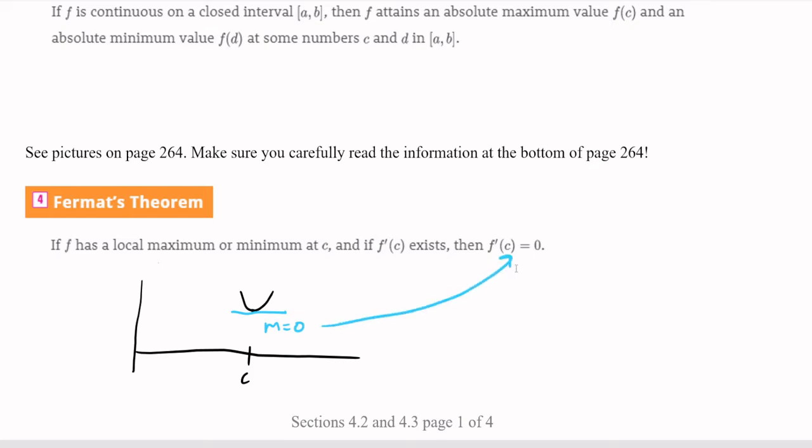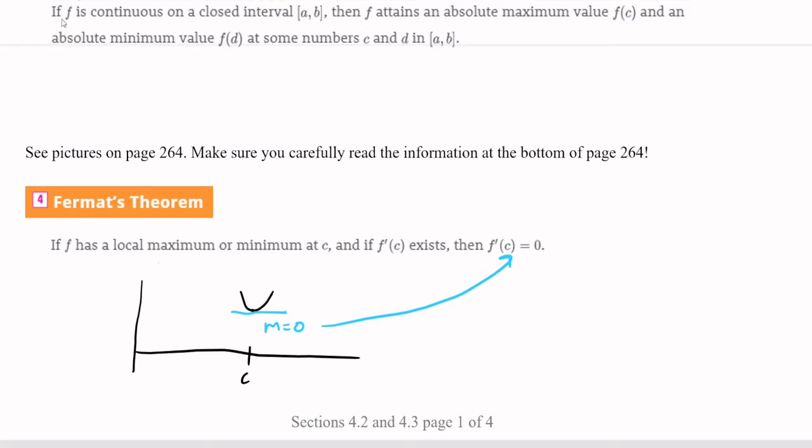And remember, that's just the derivative. So why do I care about that? Well, with some of these things, you can think, what about going backwards? If there's a local max or min and the derivative exists, then it's got to be 0. So if I have a function, I take the derivative and I get 0 somewhere, oh, I could have a max or a min.